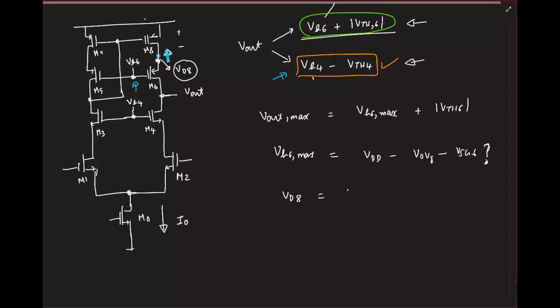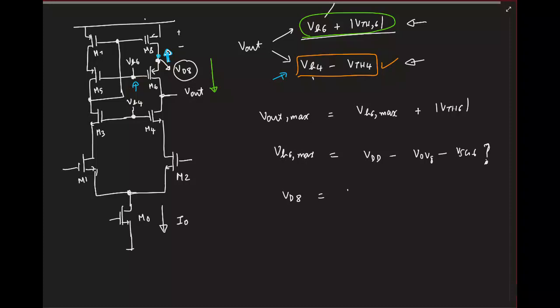VGS6 and VB6 will be... No, I mean, that doesn't fix it, right? What is it that VSG6 will fix, because I naught by 2, right? So again, the current flowing here is I naught by 2.